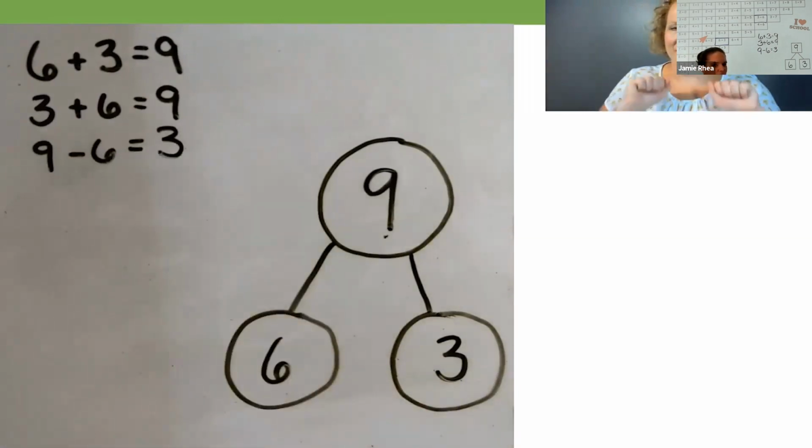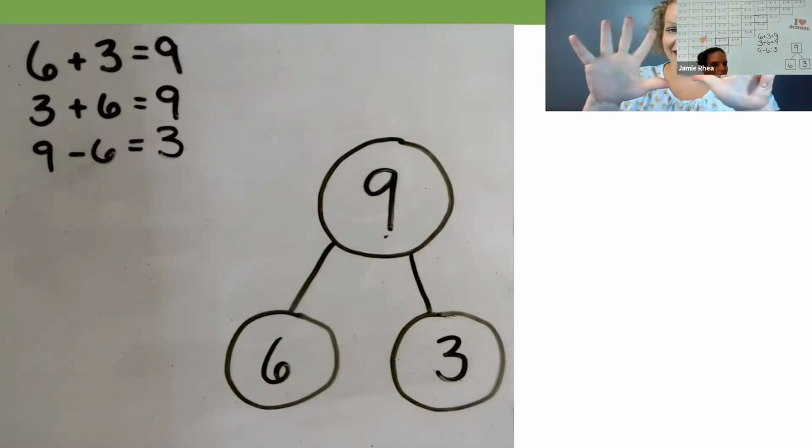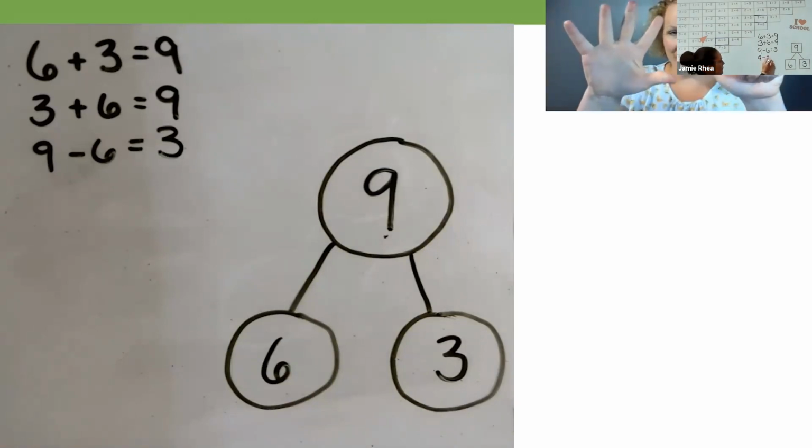Do you want to see? 9, take away 6, it would be 4 and 2 more. We're left with 3. But we could also start with 9 and take away 3, and we're left with 6.